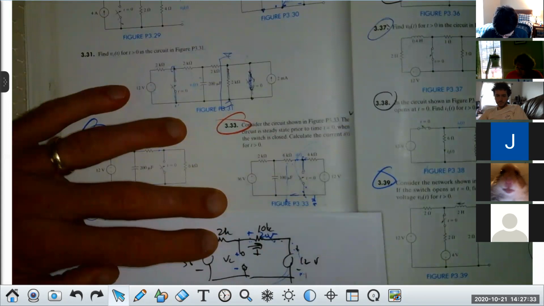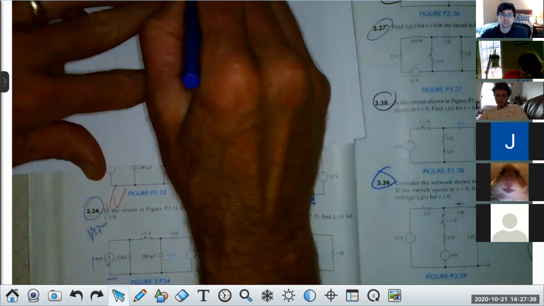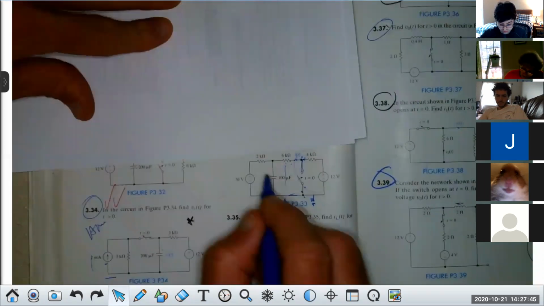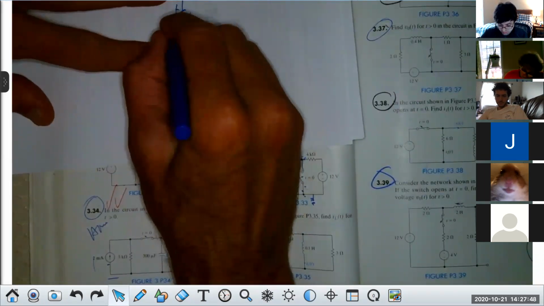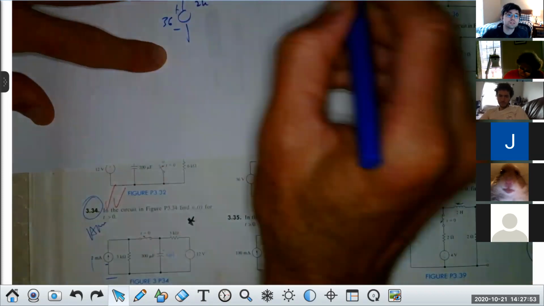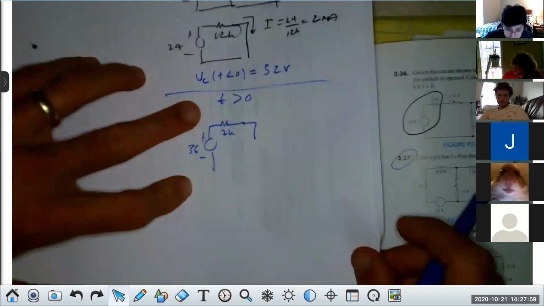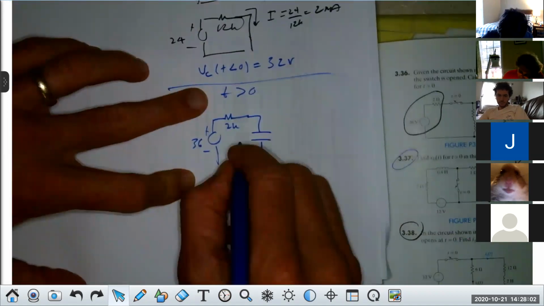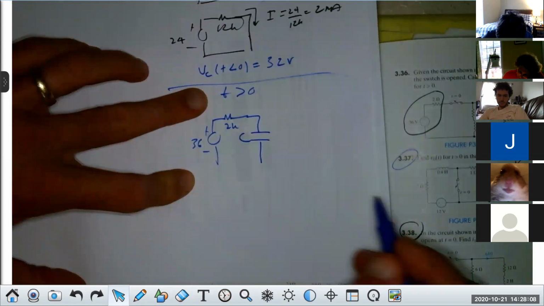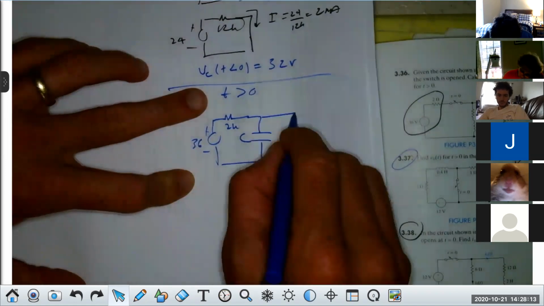Let me redraw that for you. I'm going to redraw above. So for t greater than 0, and actually goes to infinity, I'd like to say, but we'll just do greater than 0 for now. I have the 36, and I have the 2K. Then I have the capacitor, which is 100 microfarad, and I have 6K in parallel with it.